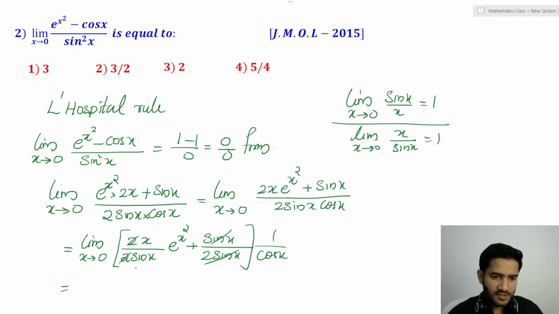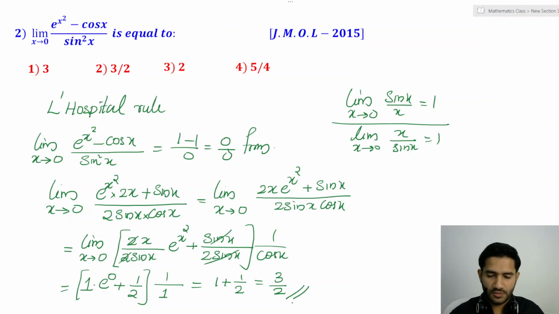So x by sin x is equal to 1. The limit of e raised to x square is e raised to 0, which is 1, plus this is 1 by 2. Outside the bracket we have 1 by cos x, and cos 0 is 1. So clearly the final answer is 1 plus 1 by 2, that is 3 by 2.